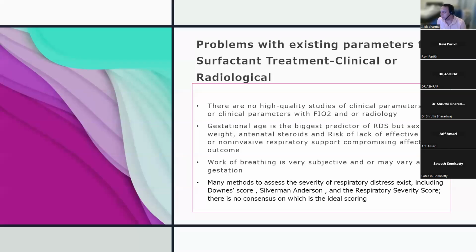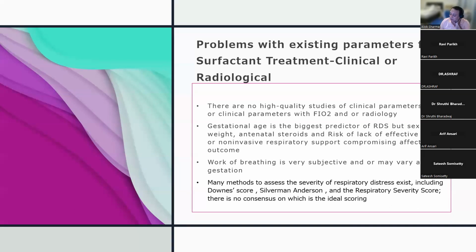And that's where I would say again that certainly the existing parameters of FiO2 alone, FiO2 with radiology, clinical parameters, scores like the Downes and the Silverman-Anderson scores are extremely poor in being able to tell us which babies need surfactant versus which don't.